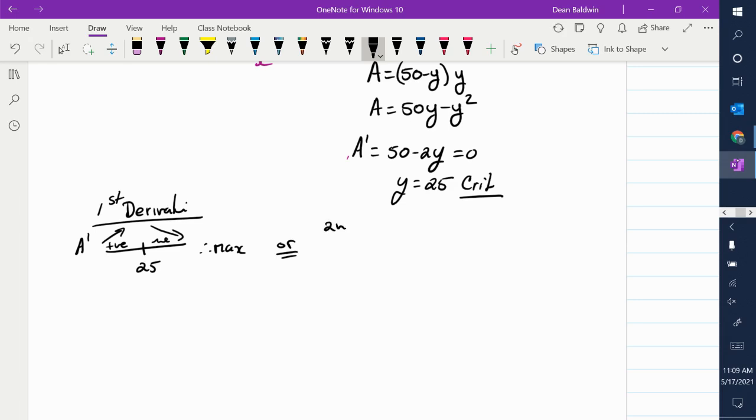Or, remember, you only have to do one. If you want to do second derivative, a double primed is -2, which means it's concave down. Therefore, it's max.